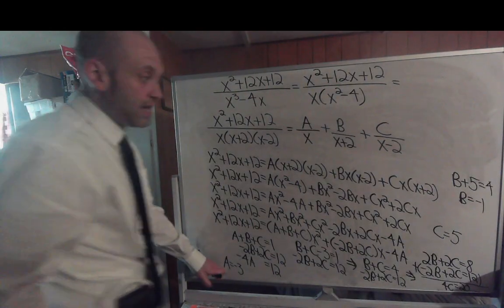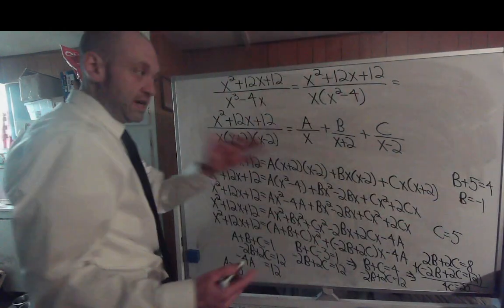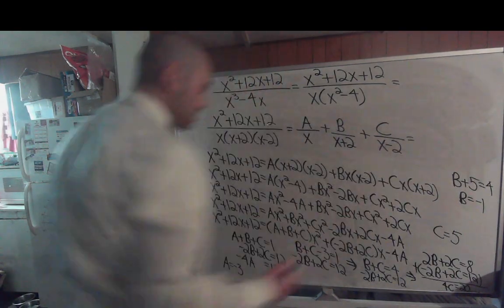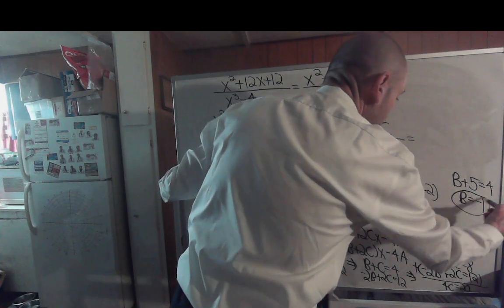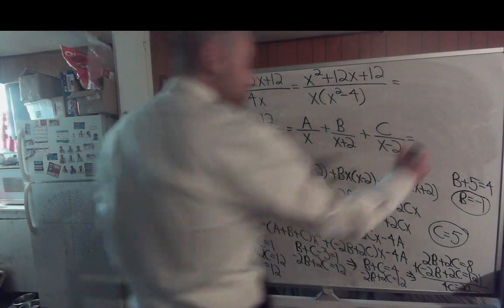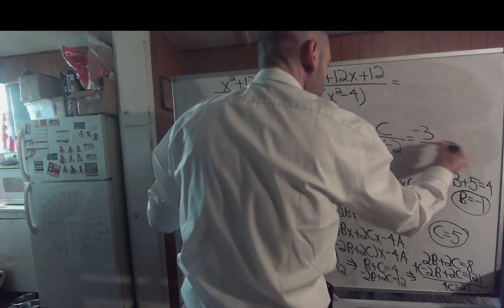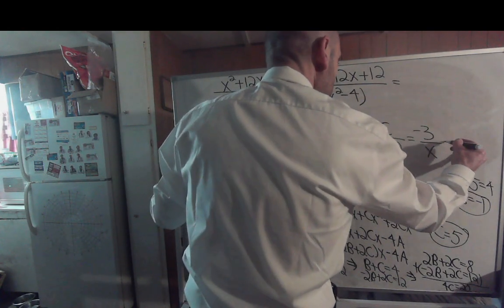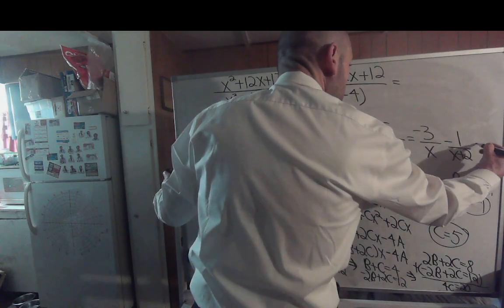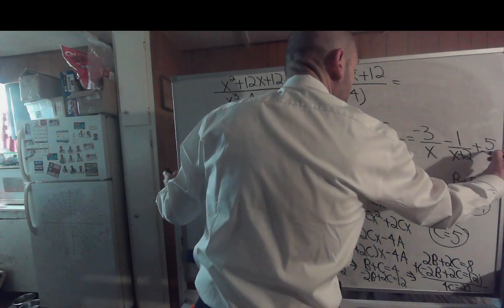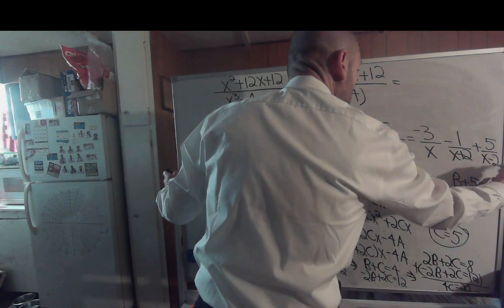So now we have a, b, and c. We found the partial fraction decomposition. Here's my a of negative 3. Here's my b of negative 1. Here's my c of positive 5. So this would turn into negative 3 over x, minus 1 over x plus 2, plus 5 over x minus 2.